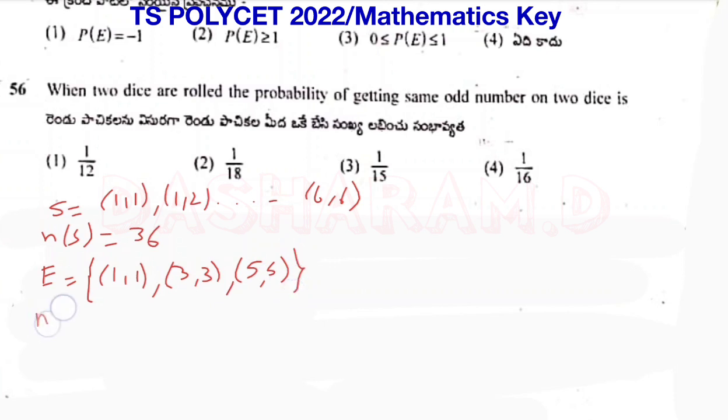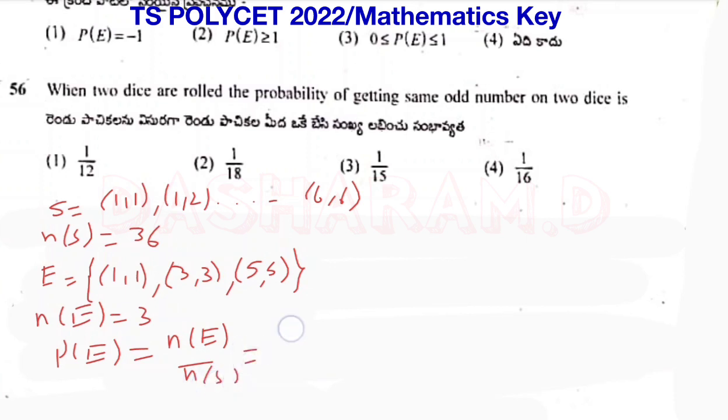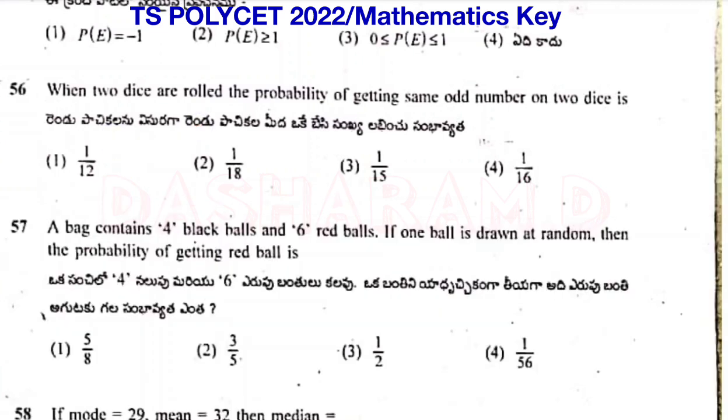These are the favorable outcomes, so n of E equals 3. Now probability of event E equals n of E divided by n of S. So 3 divided by 36, so 1 by 12. Option 1 is correct.